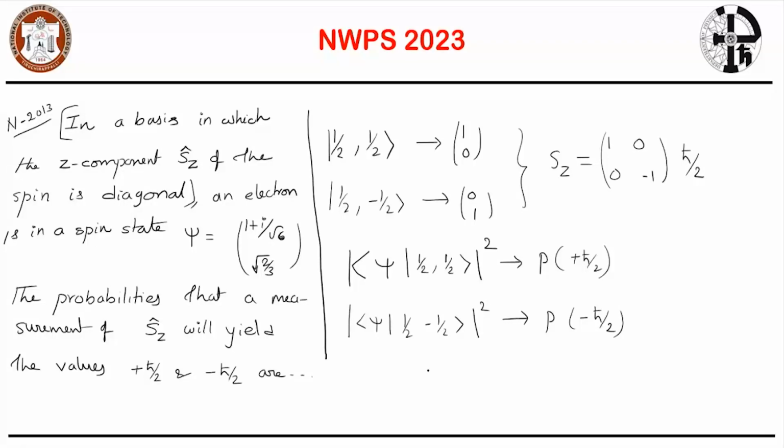What is given is in the SZ basis, so we can directly write psi in that basis. But if they provide it in the SZ basis but ask in the X direction, what will be the probability of plus h over 2 or minus h over 2?